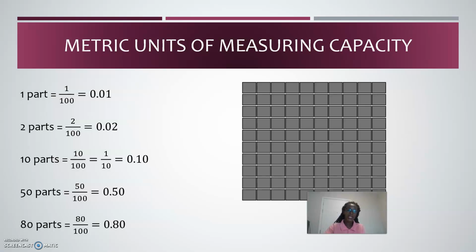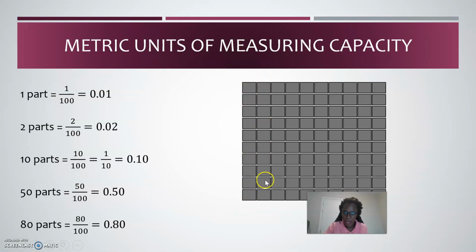Now 10, let's first of all come to this flat. This flat has 100 ones. Now let's say how many tens this flat has. If you have 10 ones, you have 1 ten. So this is 1 ten.